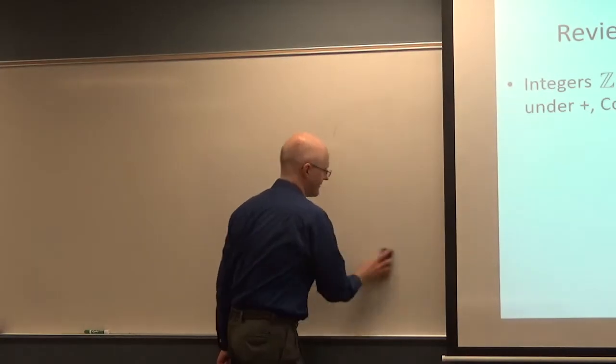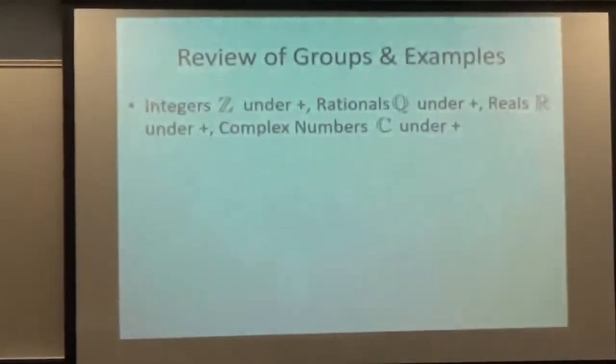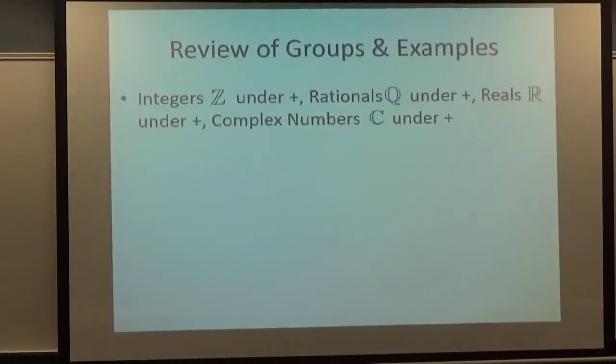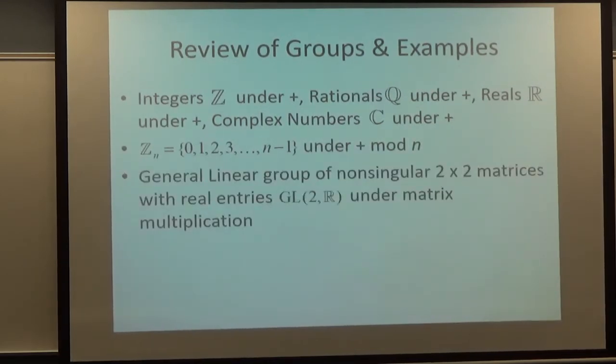Or sometimes they're called counterexamples, though that's a word more typically reserved for showing a certain if-then statement is false. Zn under addition mod n. The general linear group, GL2R, of non-singular 2 by 2 matrices with real entries under matrix multiplication.